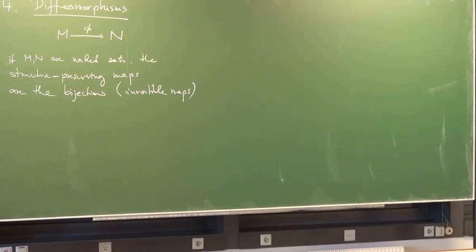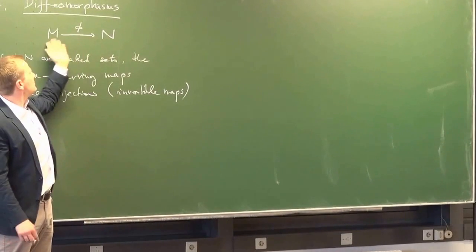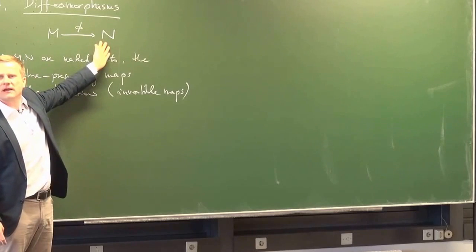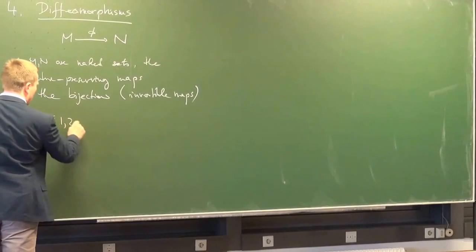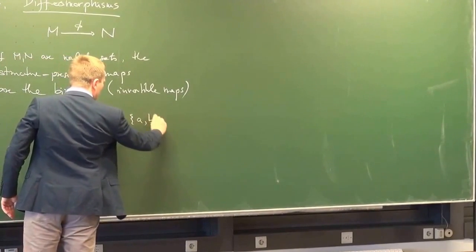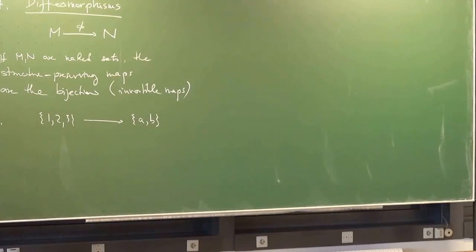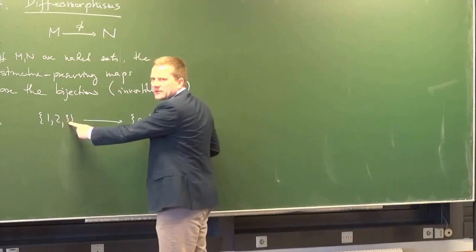And so two sets may be such that there exists such a structure preserving map or not. So example, between the set 1, 2, 3 and the set A, B, there exists no structure preserving map at the pure set level, because I can map the 1 to the A and the 2 to the B, but what do I do with the 3?